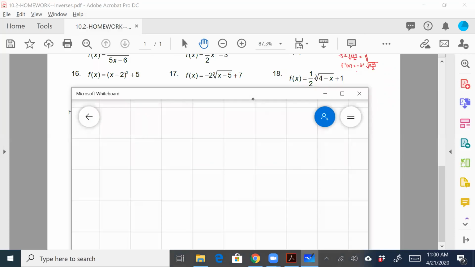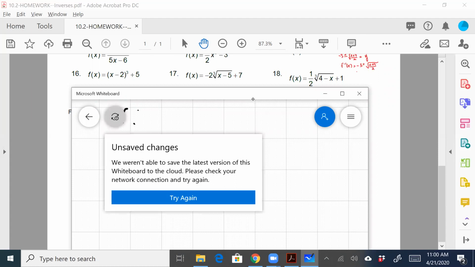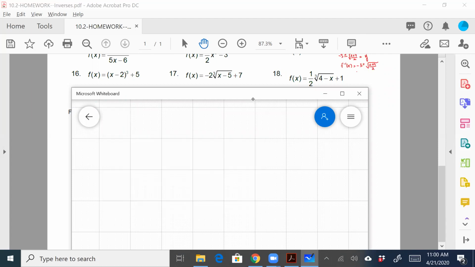So we've got f of x equals -2 cube root of x minus 5 plus 7. Okay, tell me what to do.